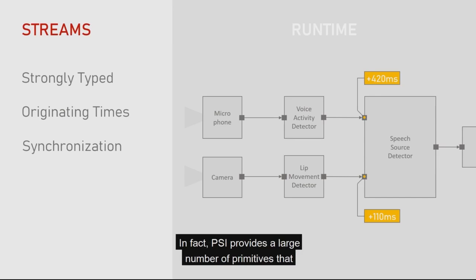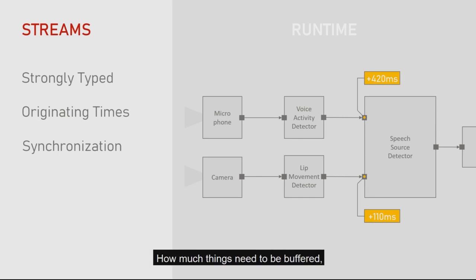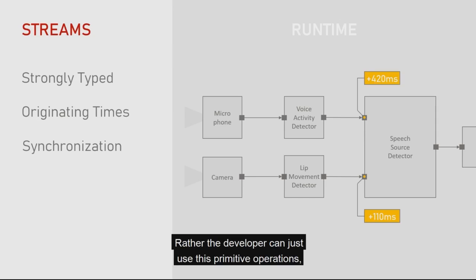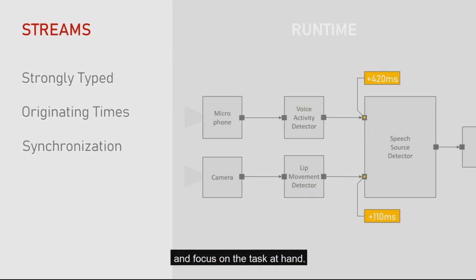In fact, Psi provides a large number of primitives that support this kind of synchronization and data fusion, interpolation, windowing, all these time-related operations, and eliminate the need for the developer to think about how exactly this needs to be done, how much things need to be buffered, how things are coordinated. Rather, the developer can just use these primitive operations, compose an application, and focus on the task at hand.